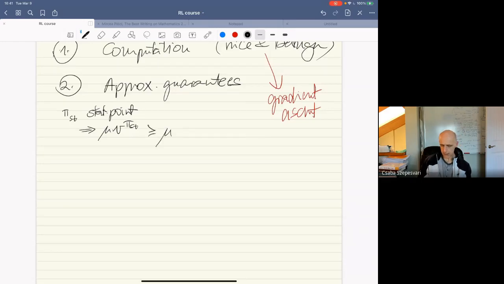Compared to what? Well, it's compared to the optimal policy. We like to compare to that. And then the question is, what can we say here about the interplay between the MDP and this policy class, or the features?